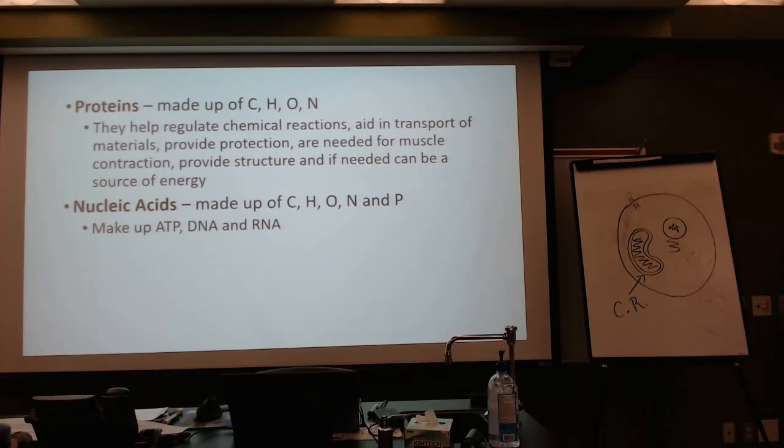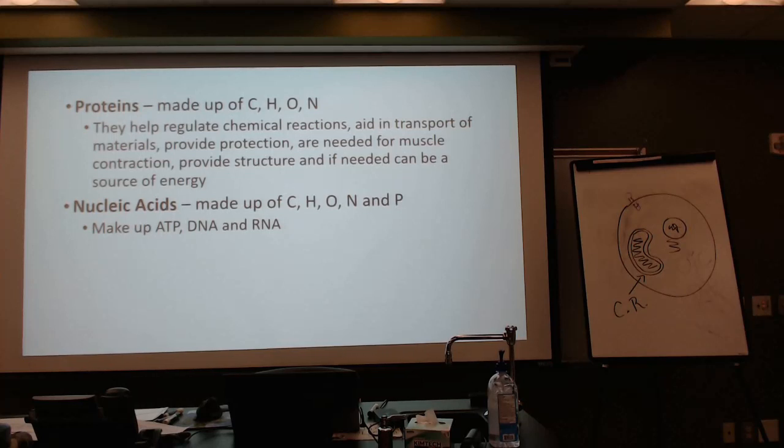We're going to also learn that proteins aid in the transport of materials, for example, in the blood. They help provide protection because, once again, they can help with the immune system.